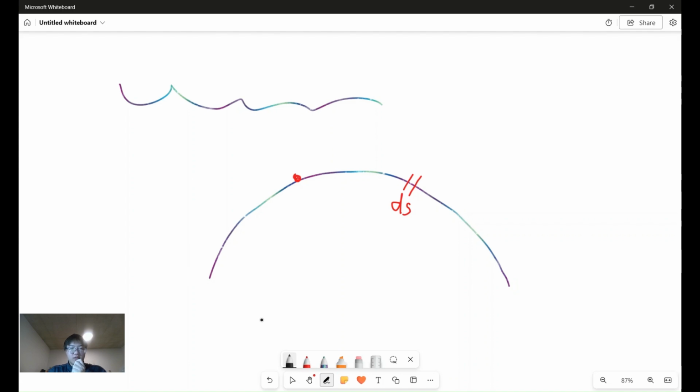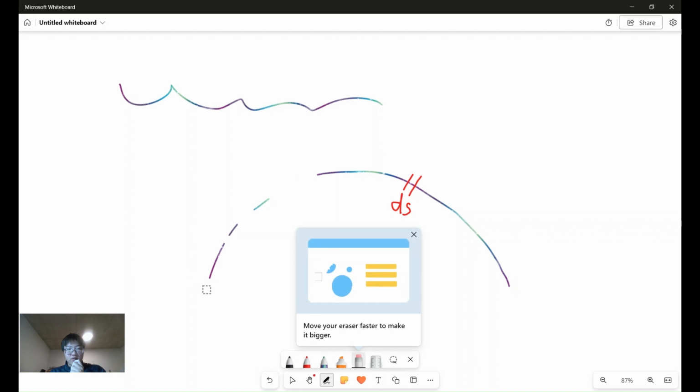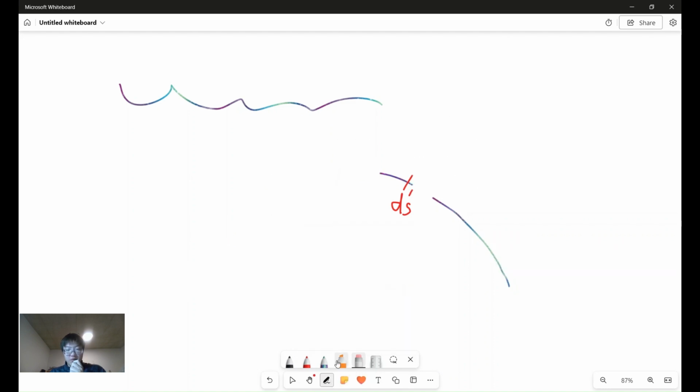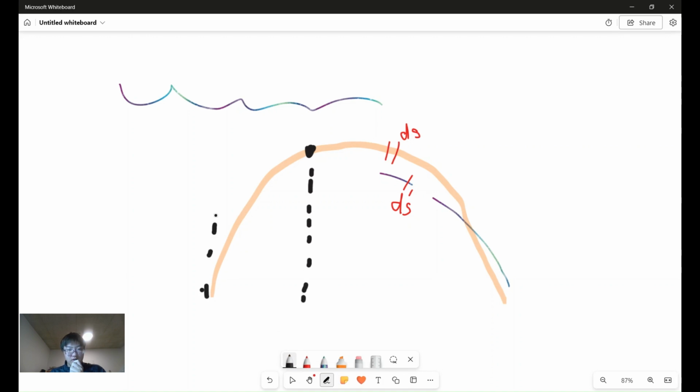But do I like that explanation I just gave? Not really. But that is generally what you're supposed to think about when we think about something like this. But I think I can make a better one. Yeah, that's better. And then we can say ds is like this. I'm repeating it a few times until I get a better idea. I don't like how I explained this, so we're just going to do it again.